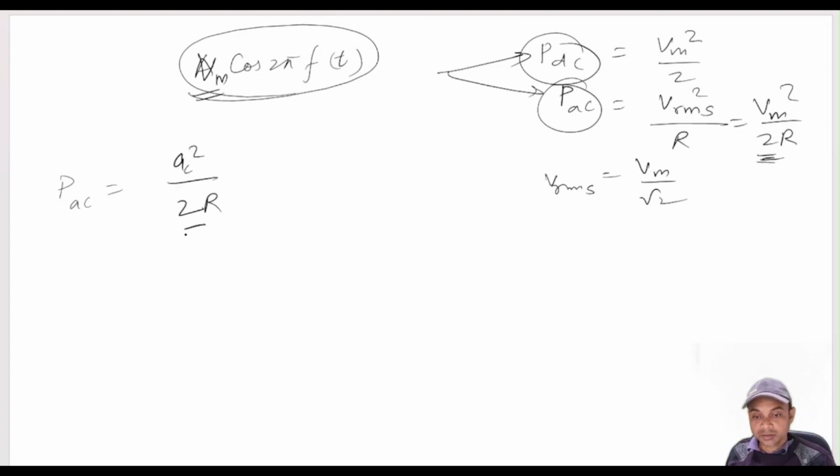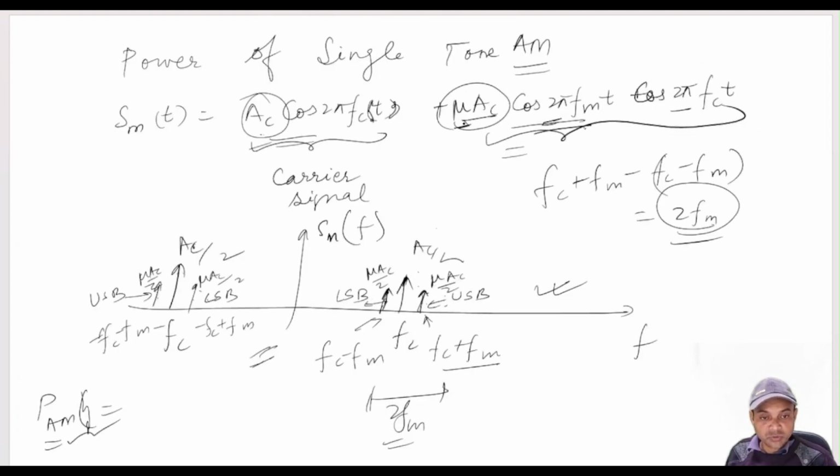And this is mu AC, and actually we can expand it, cos 2 pi fm into cos 2 pi fc. We know that 2 cos A into cos B is equal to cos A plus B plus cos A minus B. We use this type of formula, dividing by 2 and multiplying by 2.